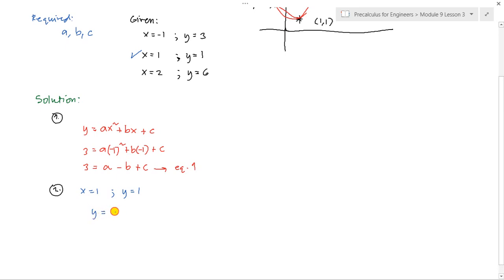So we have y is equals to ax squared plus bx plus c. So we have 1 is equals to a times 1 squared plus b times 1 plus c. Simplifying, we have 1 is equals to a plus b plus c. So this is our equation 2.